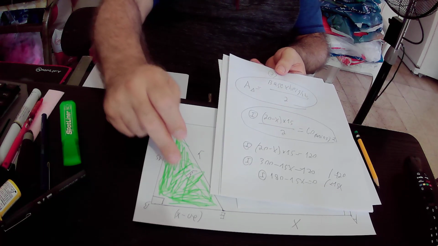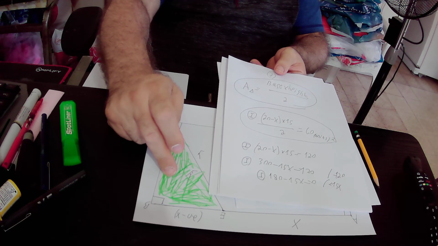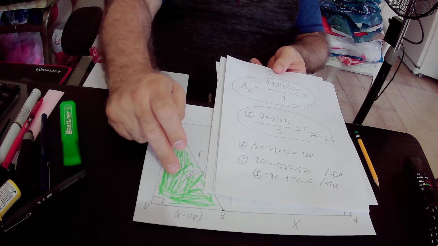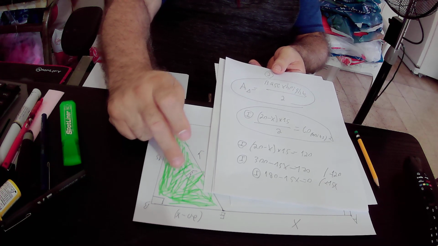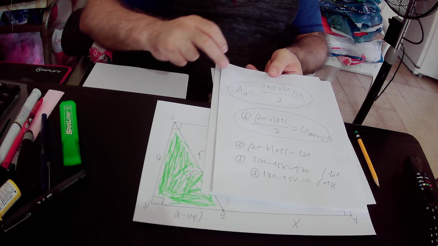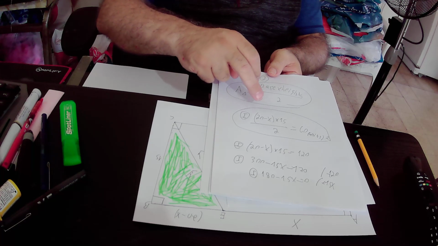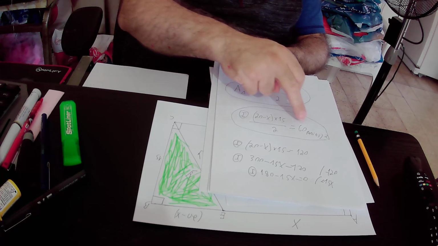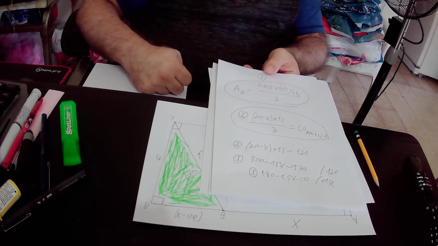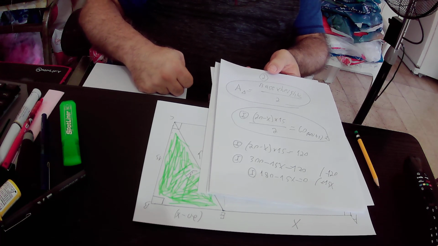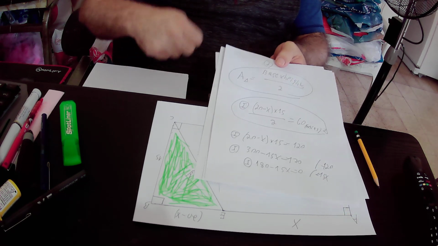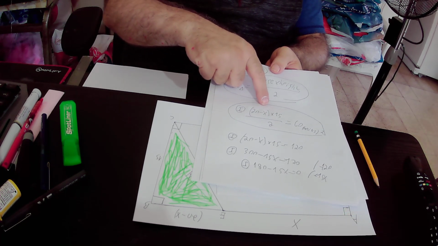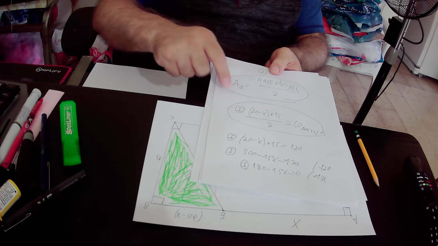It equals the area of the right green triangle, which we already know equals 60 units squared. So we have only one variable, that is x, in this first equation.